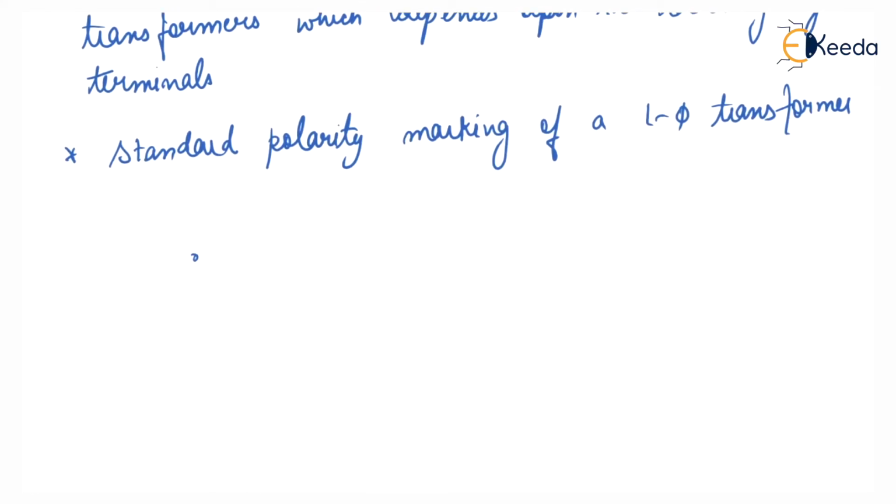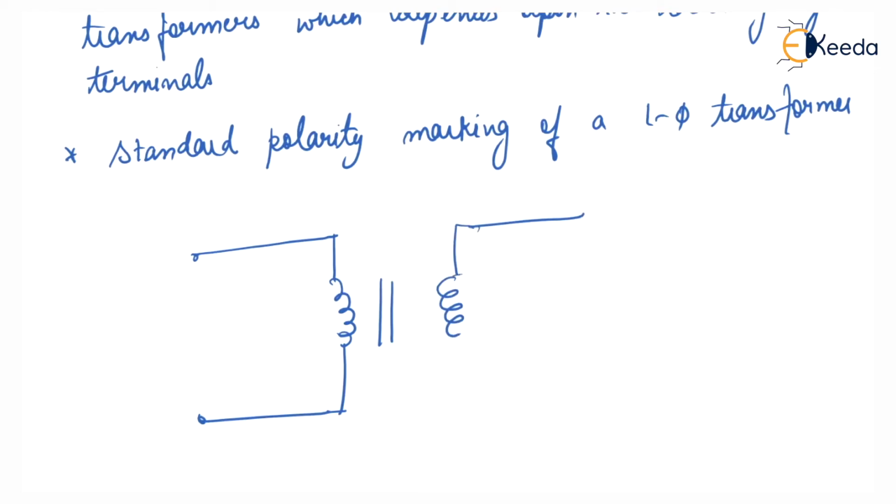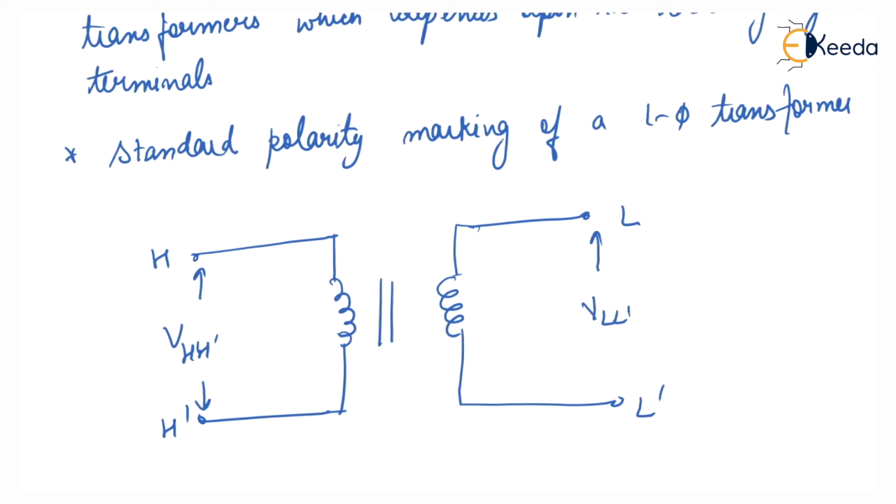I'll show you with the help of diagram. So this is the transformer primary side and secondary side. Suppose this is H dash, this is L dash. Voltage across the primary side H dash, and across the secondary side L dash.